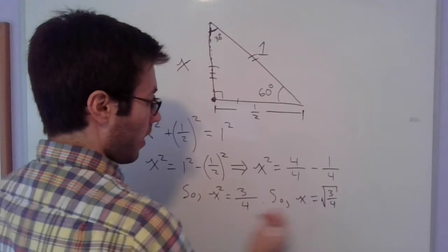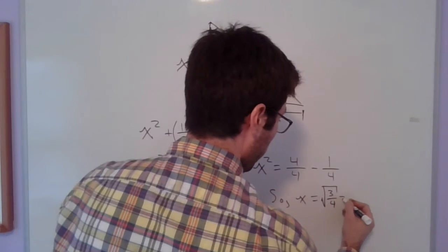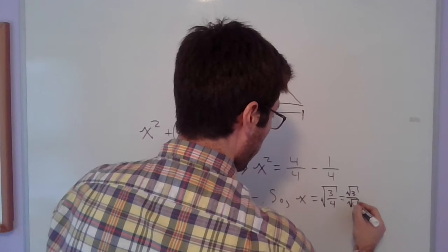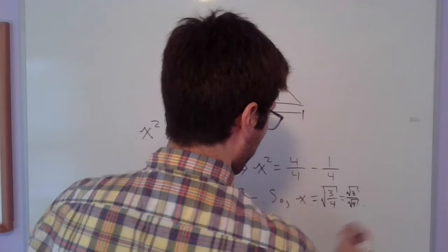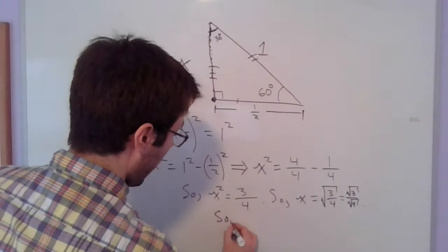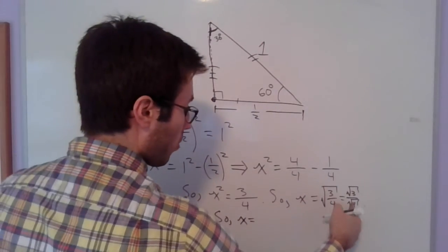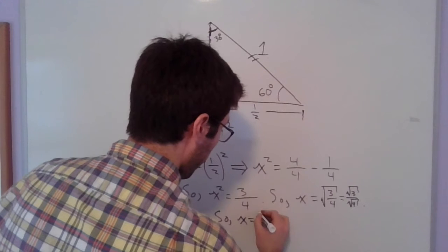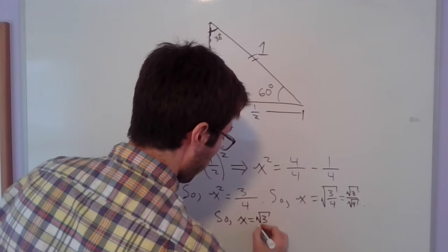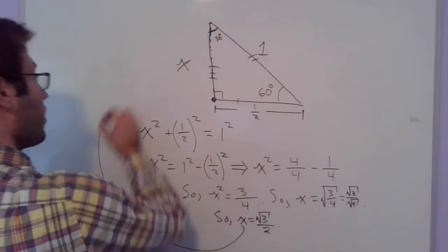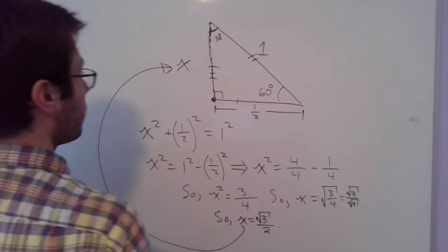In other words, I can break this up into square root 3 over square root 4. So x will be equal to square root 3 over square root 4, which is the same thing as saying square root 3 over 2.